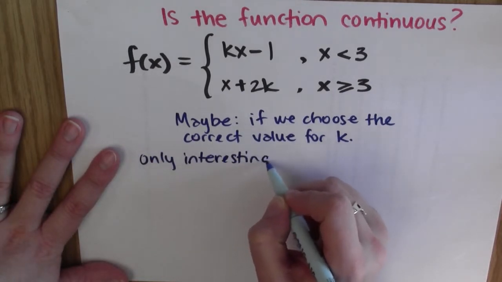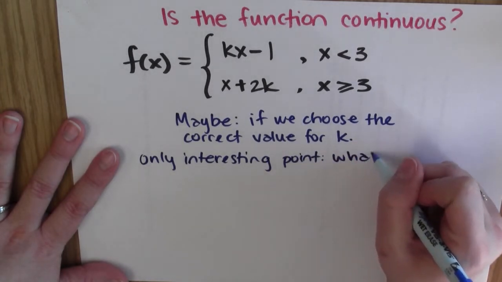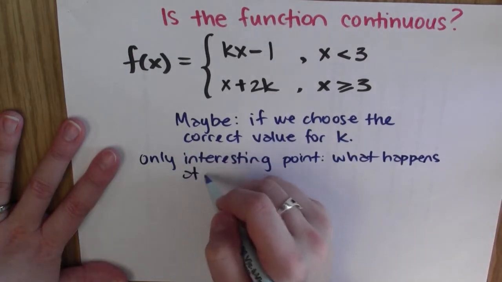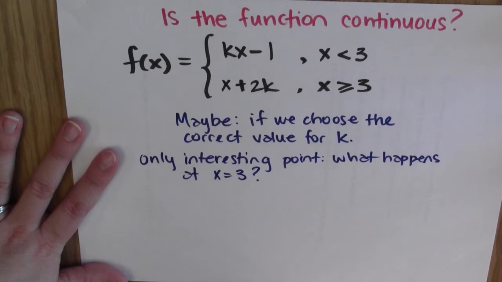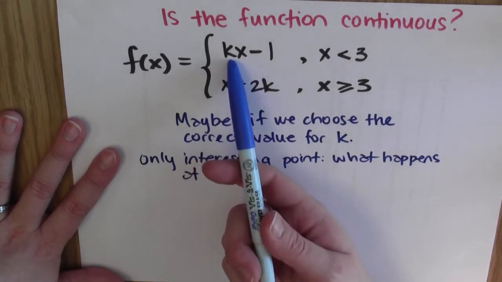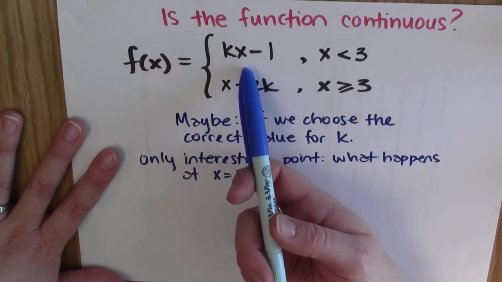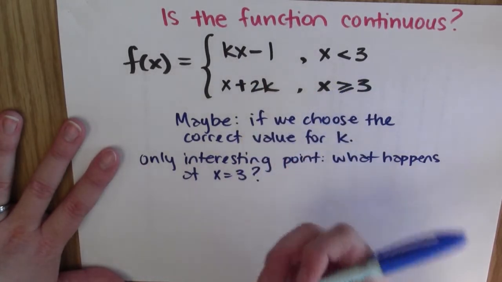is what happens at x equals 3. Well, on this side, this function is approaching, because this is continuous, what would happen if I plugged in x equals 3.